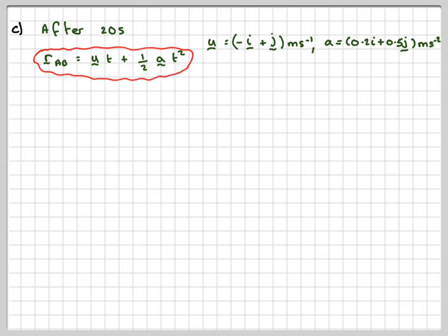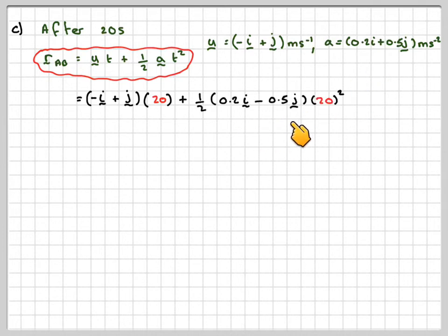It is at B. So substituting in, we've got -i + j times 20, because it's 20 seconds, plus a half times my acceleration, which is 0.2i - 0.5j, times my time squared. This will give me -20i + 20j. Then we've got a half times 0.2 times 20 squared, which gives me plus 40i.